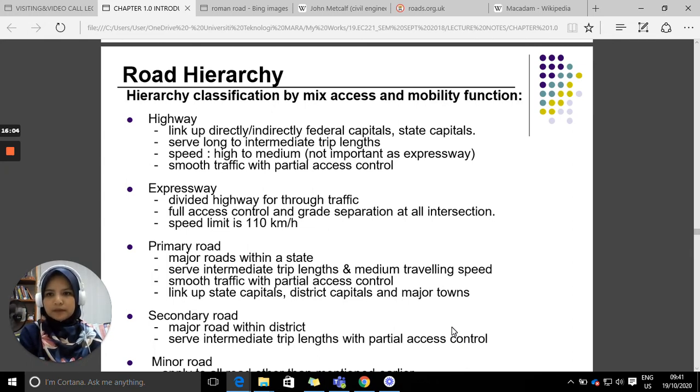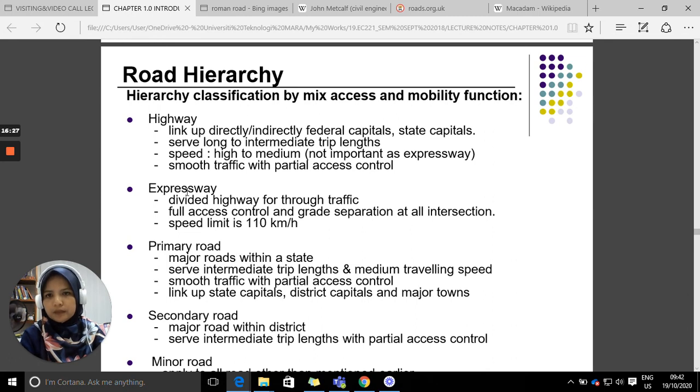But the proper word or the right term for the plus is actually expressway. If you look at any signage from the plus itself or any handout from plus, they would be using plus expressway, right? Expressway is the highest class of the road hierarchy.